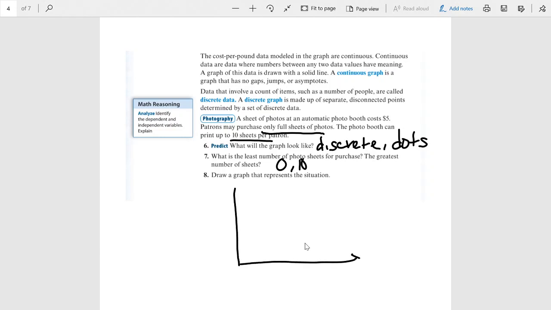And we have 2 different variables here. We have money and we have number of photo sheets. And I would say that the money depends on how many photo sheets that I buy. So money goes on the y-axis and number of sheets goes on the x-axis for our independent variable. And I can have up to 10 sheets, so I'm going to put 10 different spaces here.